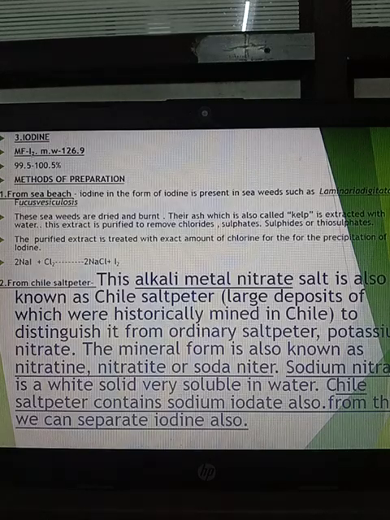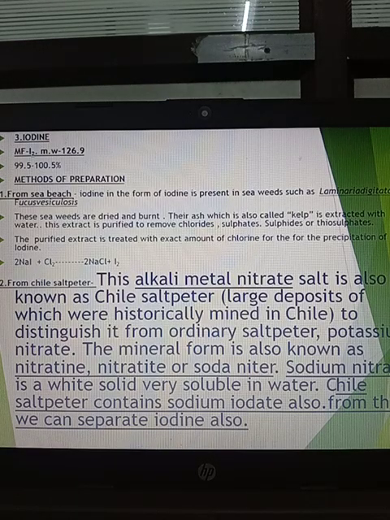Okay. So next, coming to iodine. Iodine can be prepared from sea weeds, laminaria and other kelp, from the sea beach. It can be made from Chile saltpeter also, that is the alkali metal nitrate, sodium nitrate, which is generally found in the sea.